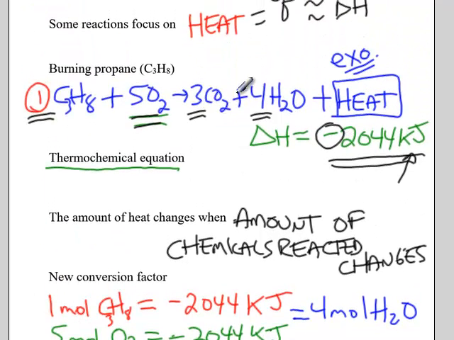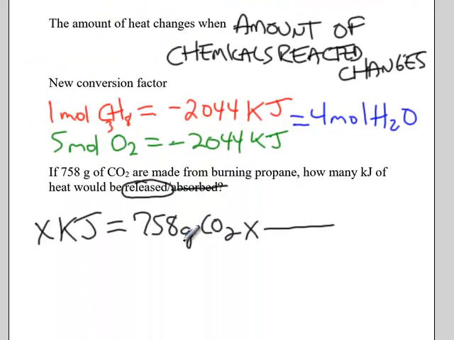Our conversion factor, the 3 in front of the carbon dioxide, remember, is moles. So right now we're starting with grams, so we first have to turn grams of carbon dioxide into moles of carbon dioxide using the molar mass from the periodic table.